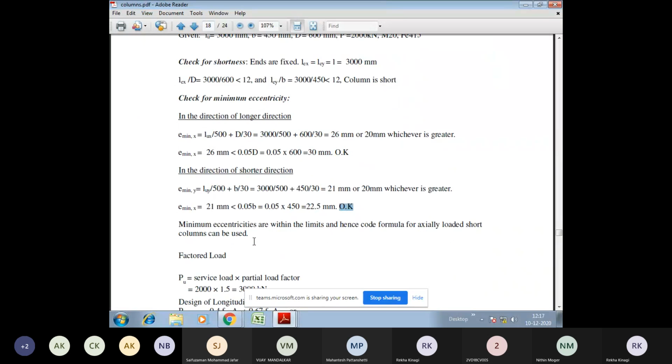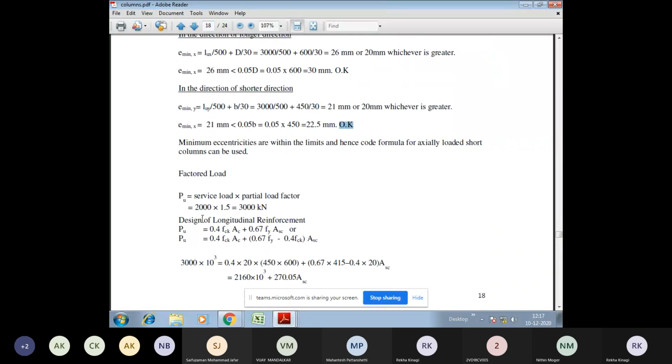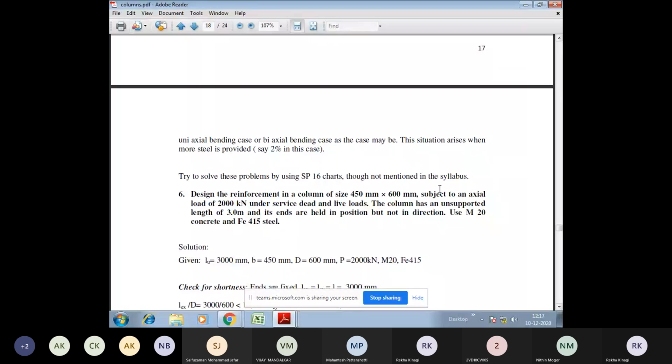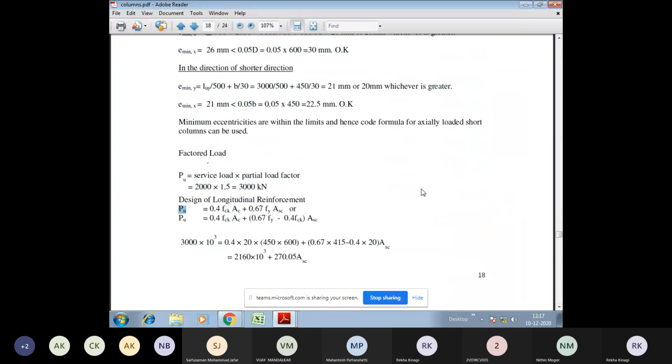So now let's use the equation in order to find out the amount of steel. That is, Pu is equal to 0.4 FCK into AC plus 0.67 Fy into ASC. Now here in the example, Pu value is not given, we are given with P value.